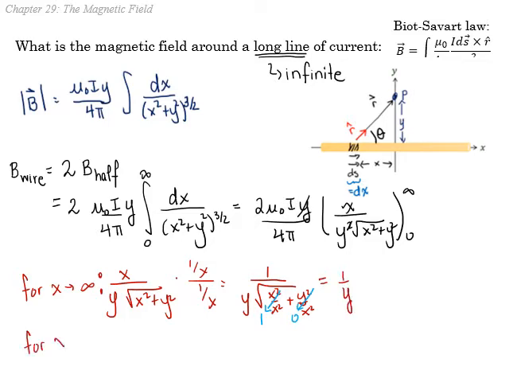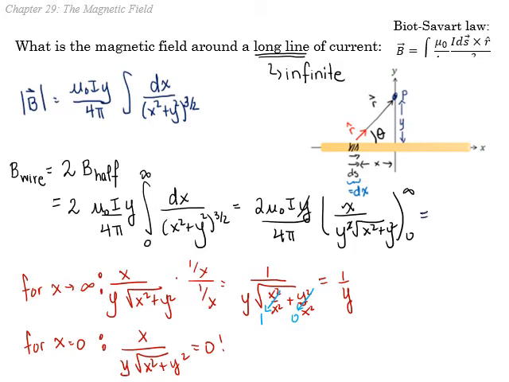What about if x equals 0? Well, that one's pretty easy too. X over y times the square root of x squared plus y squared, if x is equal to 0, is just equal to 0. So now I think I can squeeze in my result up here.